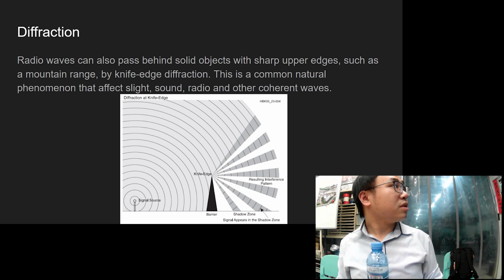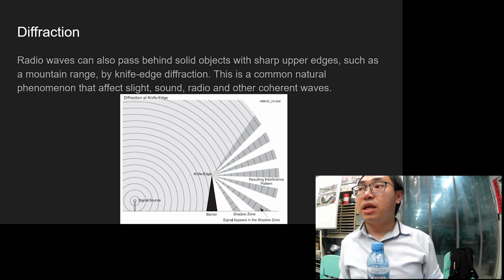Radio will pass behind solid objects with sharp edges, like this one. This barrier should block all the signals, so no signals should go here, right? But the signal will diffract over here.